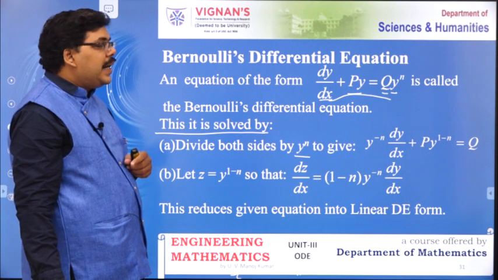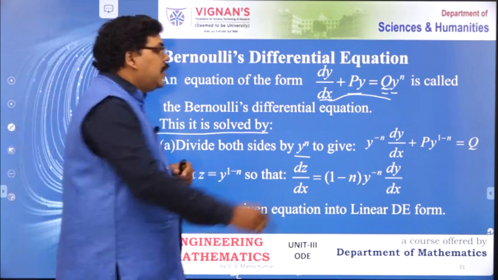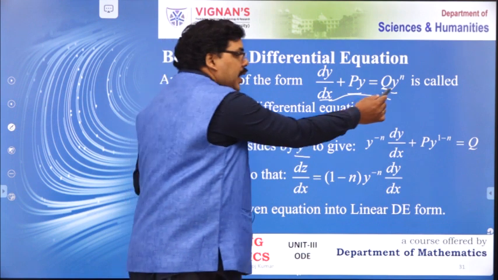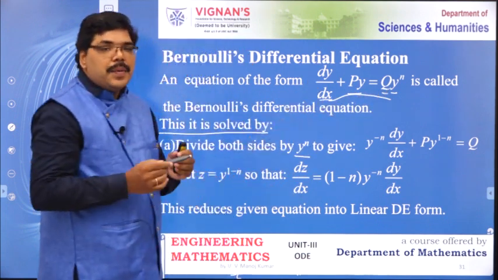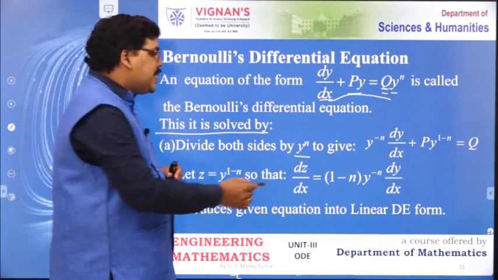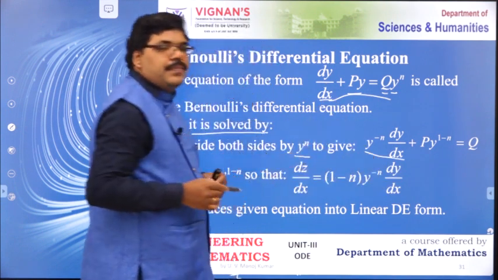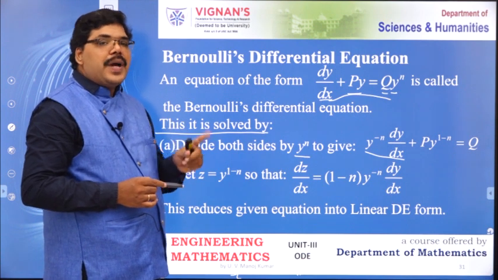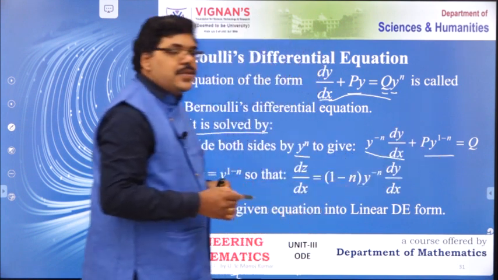When you bring this y power n to the left hand side, this will be 1 by y power n, which is nothing but y power minus n. So, I will get y power minus n into dy by dx plus p into y power 1 minus n equals q.